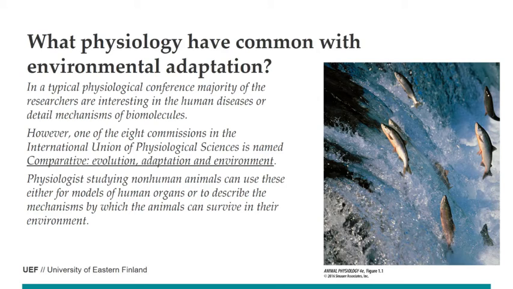Either to model the human organs or to describe the mechanism by which these animals can survive in their environment. The former goal is quite popular, but unfortunately this trout is a very bad model for human organs. The latter is not so often done, but this trout is a very good model of this trout.